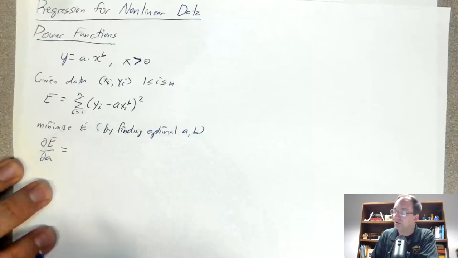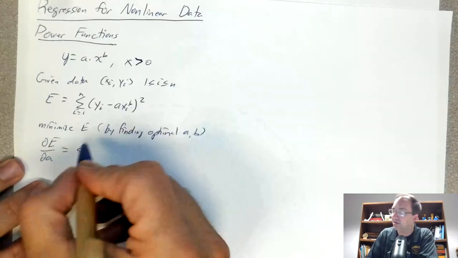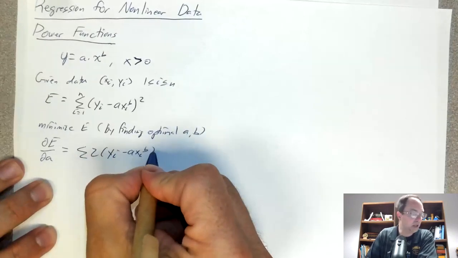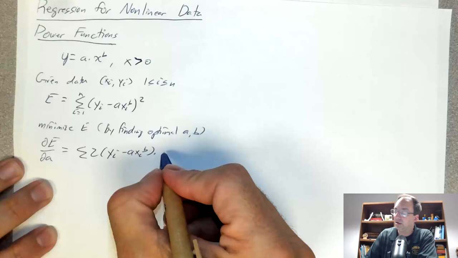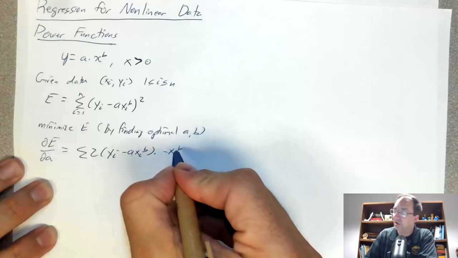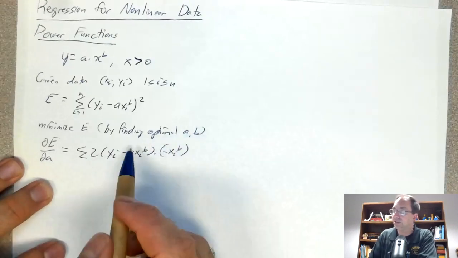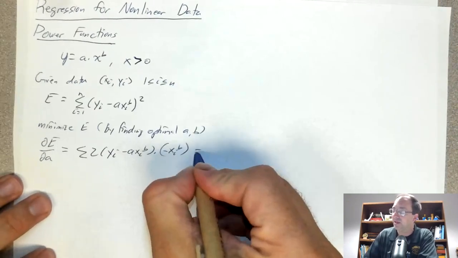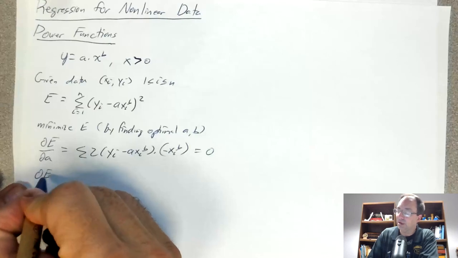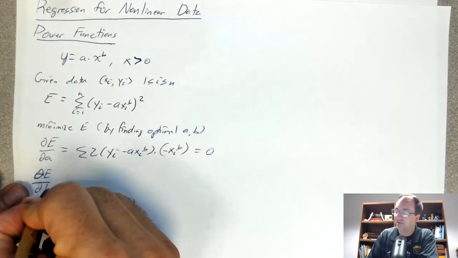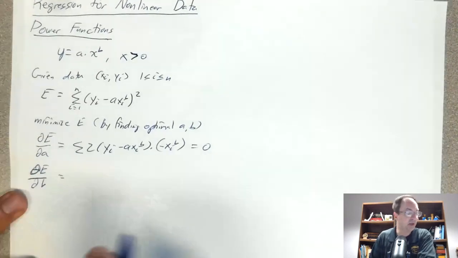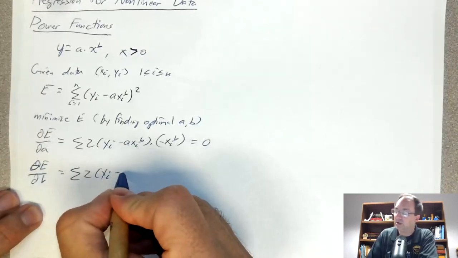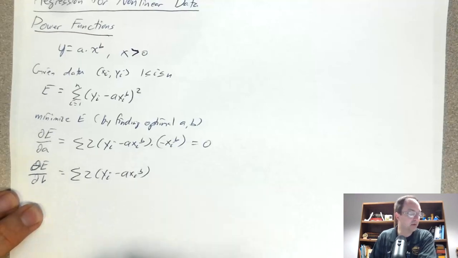So if I do my partial of E with respect to a, I still get my sum, bring down the 2, times (yi minus a xi to the b), and then multiply by negative xi to the b, because a is the variable, so xi to the b is just a coefficient. And we want to set that equal to 0. Likewise, if I do the partial of E with respect to b, I'm going to get the sum, again 2 times (yi minus a xi to the b), because I'm using the chain rule.